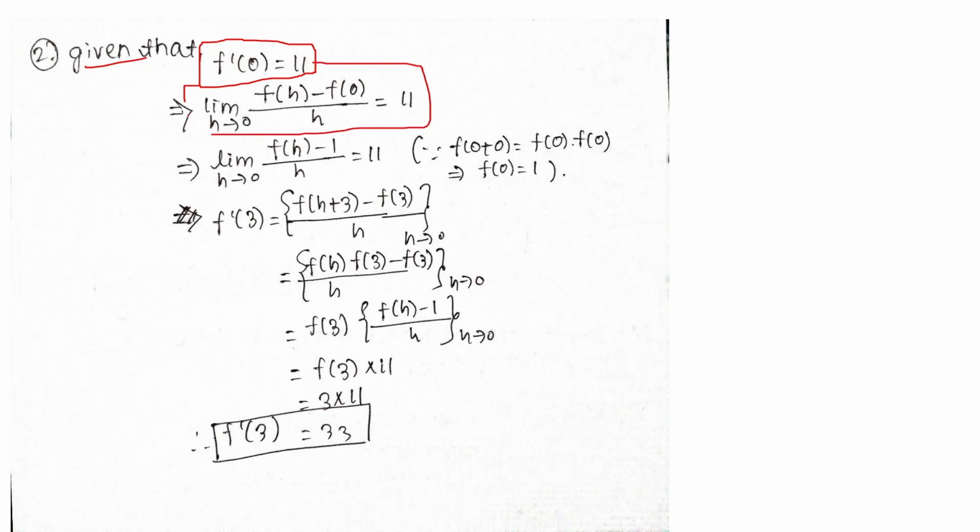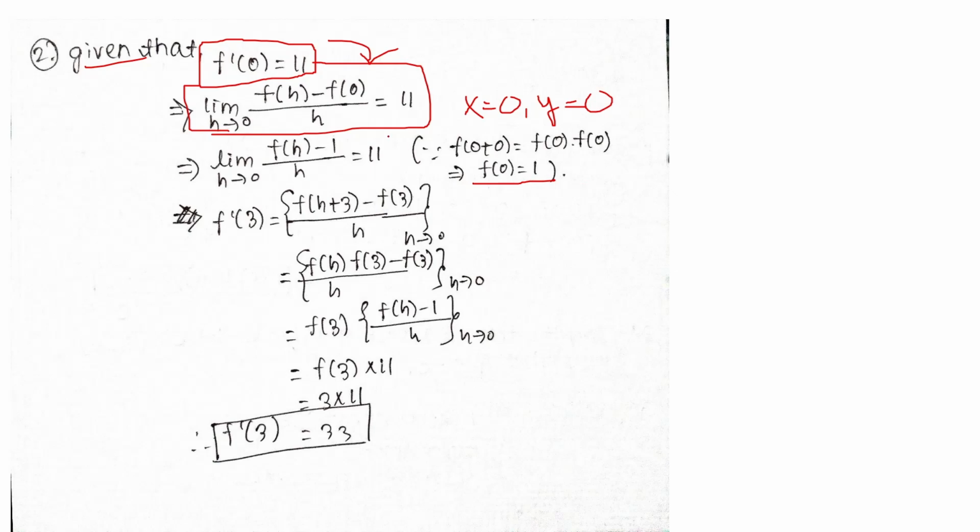So we can write it down there. Again, the value of f(0) can be deduced by putting x equal to 0 and y equal to 0 in the given function. Putting that, we will get the value of f(0) equal to 1.